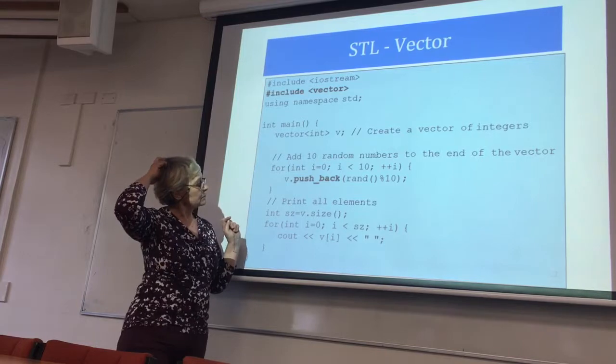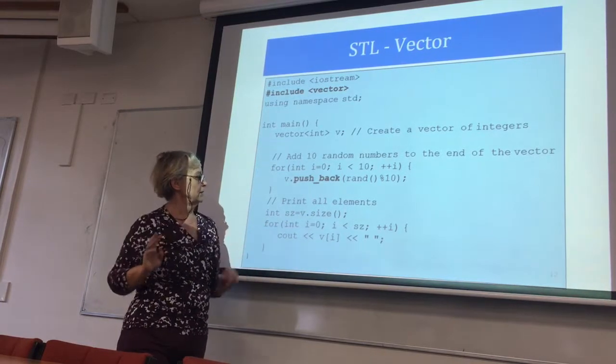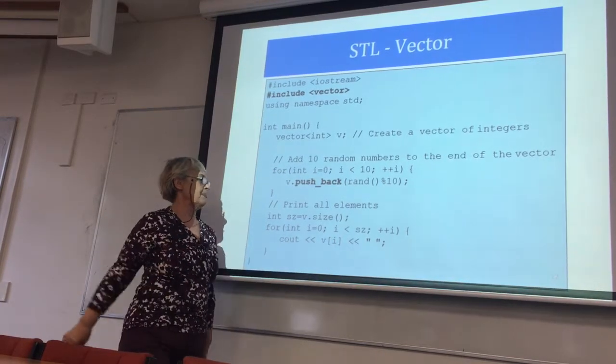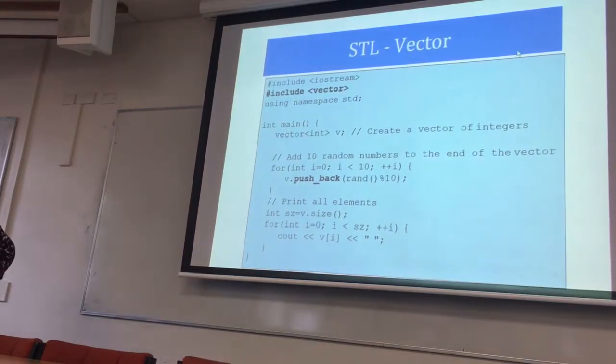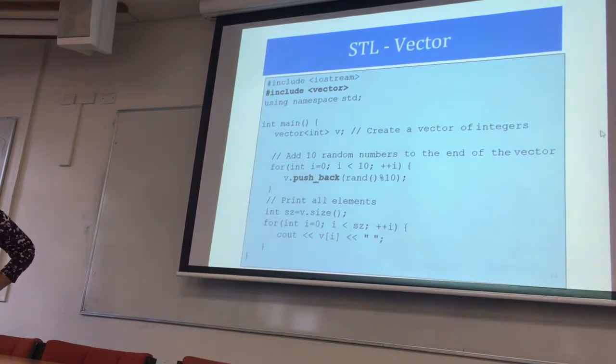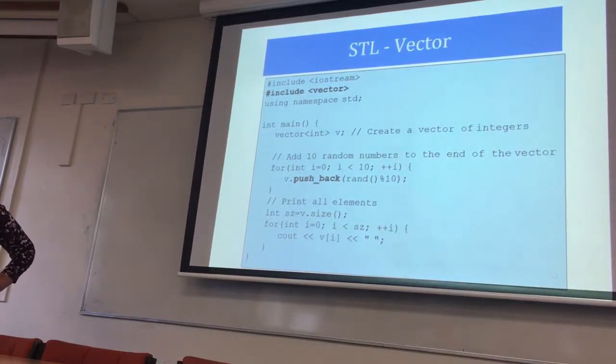And then we go with a for loop and display the data. Of course, we can go with range-based for, and we will see some other things. So what we get will be the random values which were assigned there.